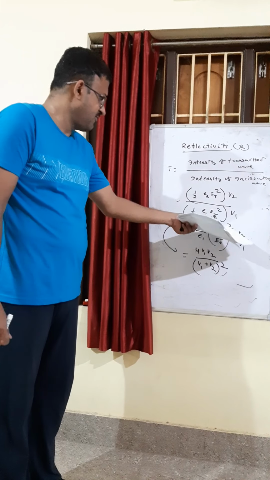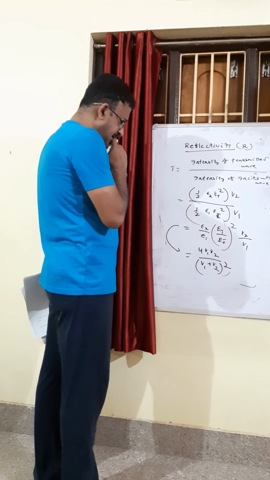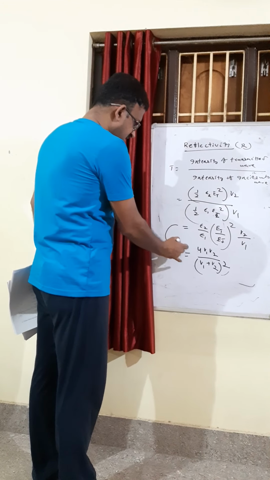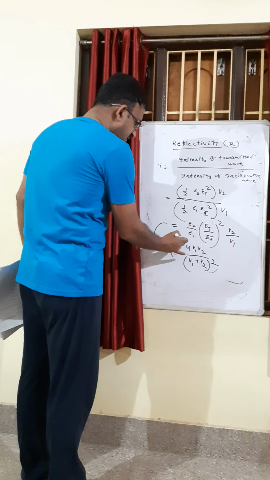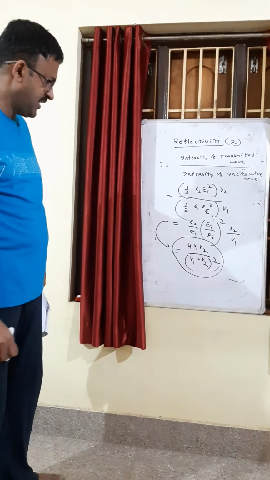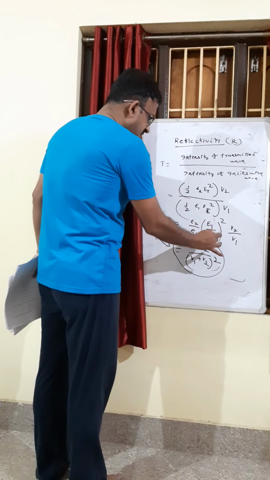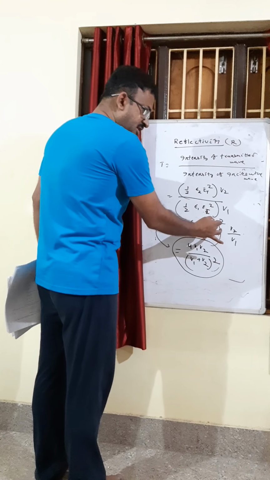If you substitute these two values, you will get this result. So take it as an assignment to proceed from here to here and solve this. You will get the transmittivity as 4 v1 v2 by (v1 plus v2) square. You use these results as already we have derived.